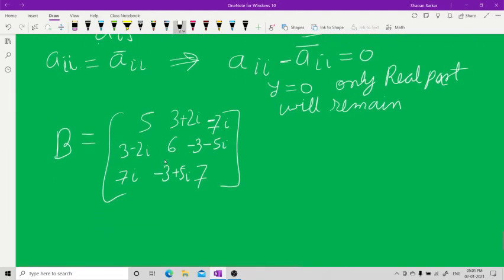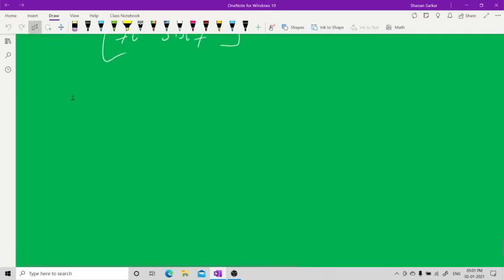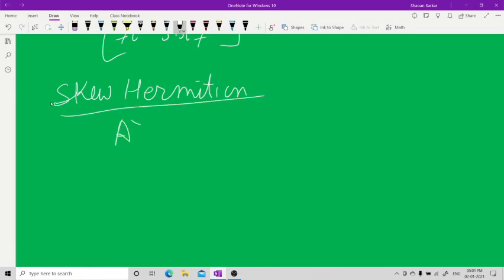Now I'm going to tell you how to write a skew Hermitian matrix in this lecture. You know A star is equal to minus A, and Aij is minus of Aji bar. Now, if you consider Aij as z equal to x plus iy, then you know what will happen.